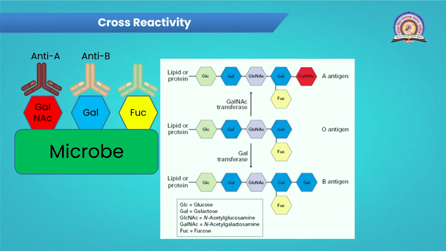So what is happening here? My blood group is A. Due to the A blood group, N-acetyl galactosamine and fucose are present on the surface of RBCs. But these are my self antigens. So antibodies against these two residues, N-acetyl galactosamine and fucose, are eliminated from my body, and what remains is only the antibody against the B antigen.